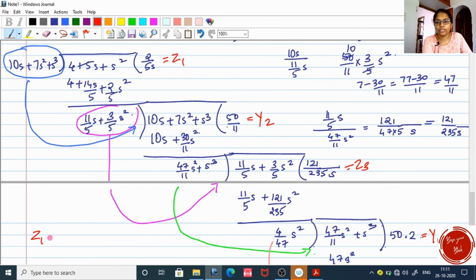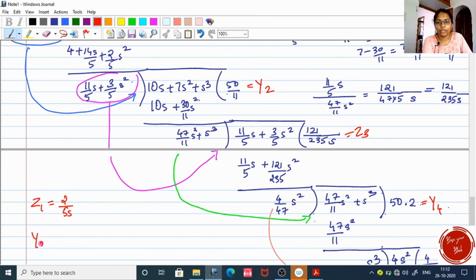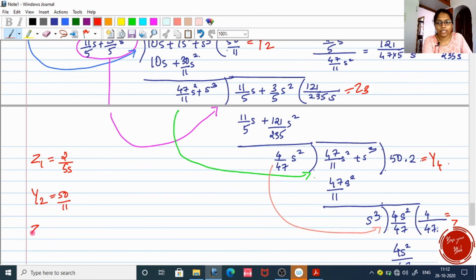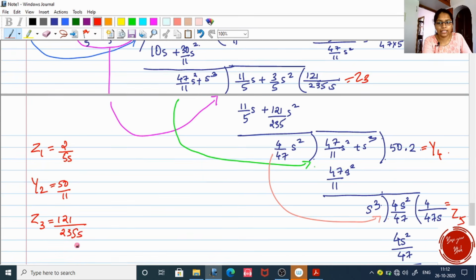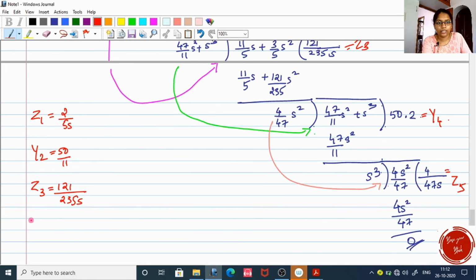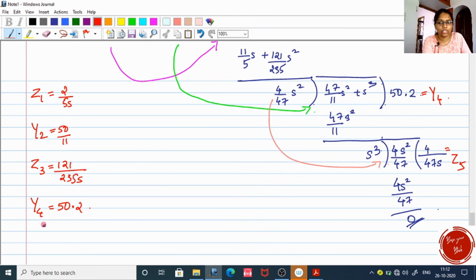Z1 is 2 by 5s, y2 is 50 by 11, and z3 is 121 by 235s, y4 is 50.2. Lastly, z5 is 4 by 47s.